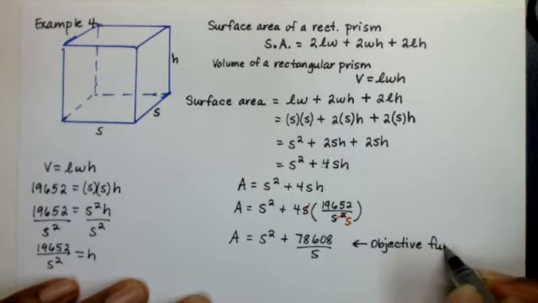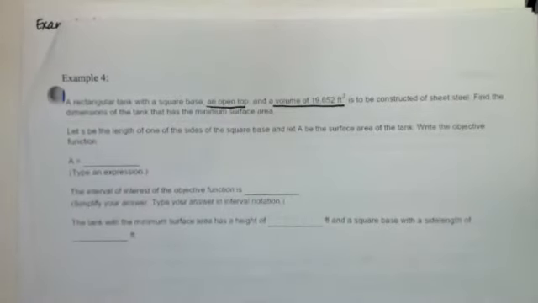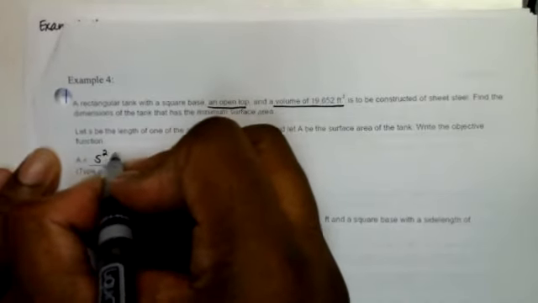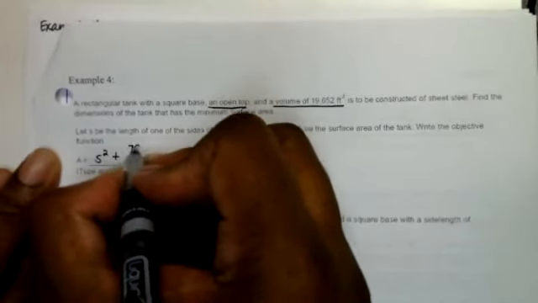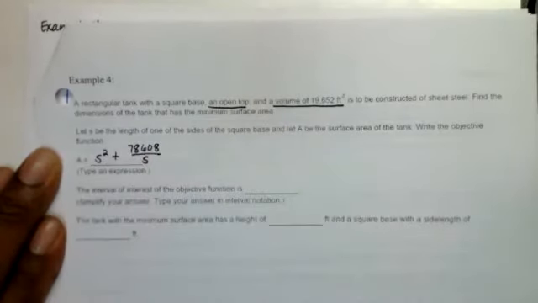That would be your objective function. So in this problem, the objective function would be A is equal to S squared plus 78,608 divided by S.